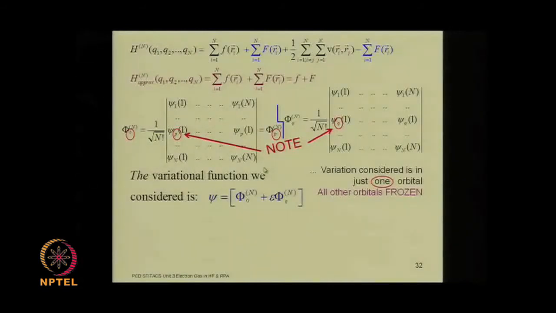Now, our variational function would be a mix of this ground state, which we believe is the ground state, and if it were not to be the best ground state, then it would need to be an admixture of this state and some of the excited states, the prototype of which is phi q, the mixing coefficient being epsilon, which would be a tiny number, and subsequently we sought the limit epsilon going to 0 to demonstrate that this is in fact the variational best state, best self consistent field state according to the variational principle.